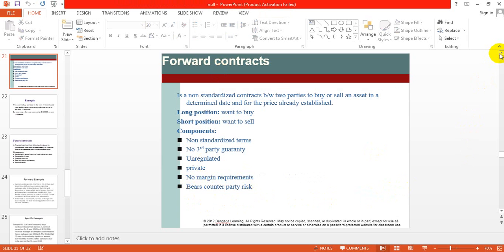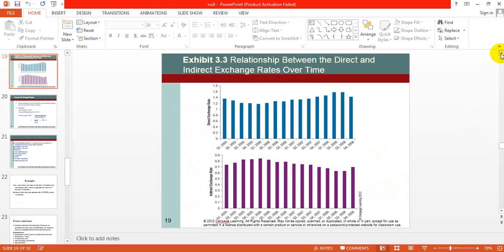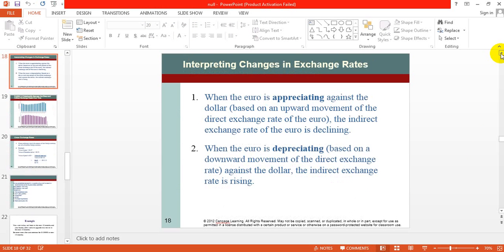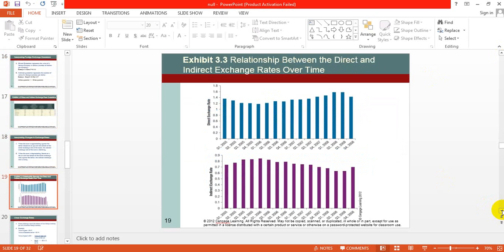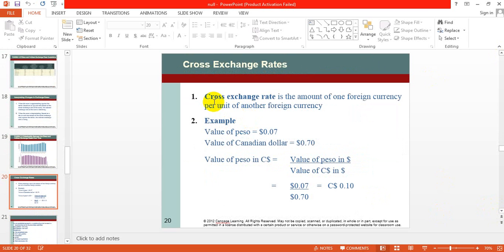So today we discussed different types of quotations, that is direct quotation, indirect quotation, and then cross quotation or cross exchange rate.